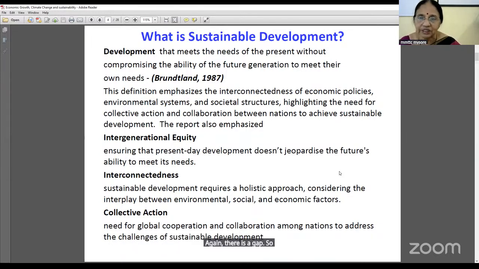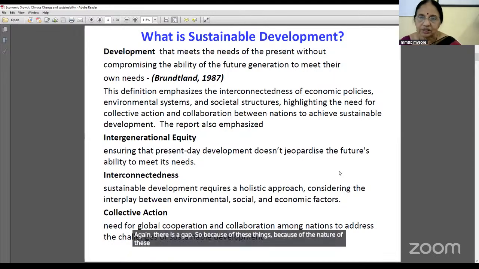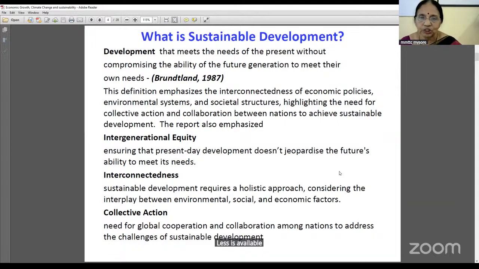Because of the nature of these natural resources, if you use now, less is available for the future. So that kind of development is not sustainable development.